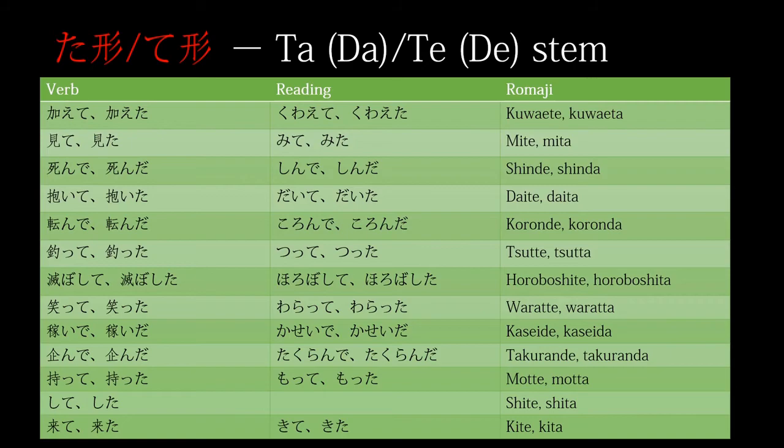And here we can observe this subgroup nature of Godan at play, as we have shinde, shinda, daite, daita, koronde, koronda, tsute, tsuta, horoboshite, horoboshita, baratte, baratta, kaseide, kaseida, takurande, takuranda, motte, motta.